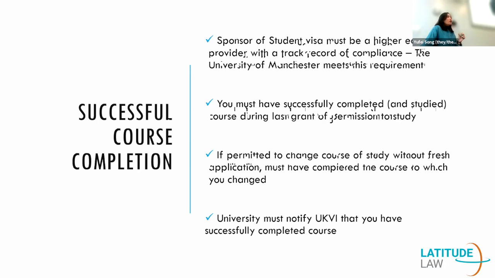So at the end of your semester, the university will upload all the students' information to the Home Office who have successfully completed your course. If you're not sure when you submit your graduate visa application whether the university has done that, I would advise you to get in touch with the university to confirm, because the Home Office won't grant your application until they've received such information from the university.